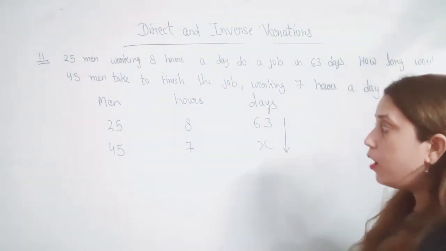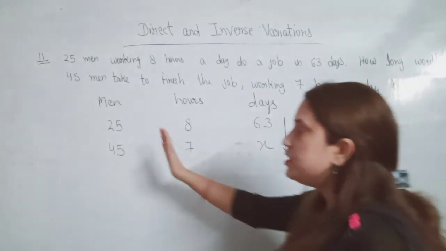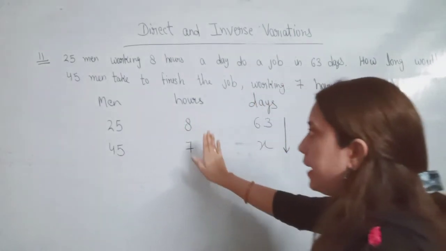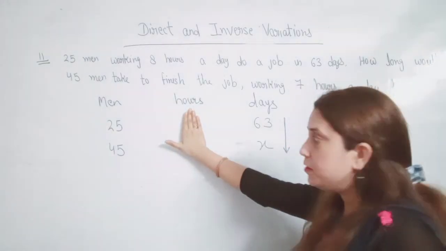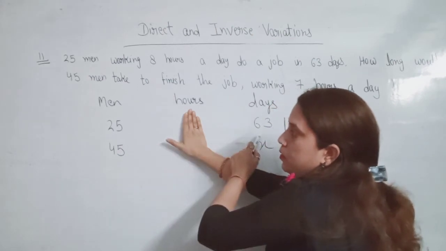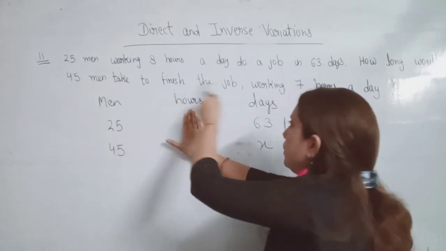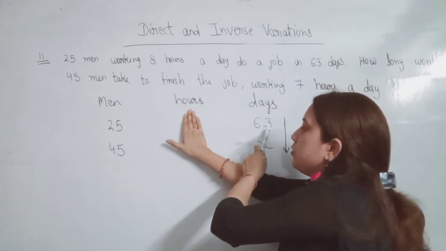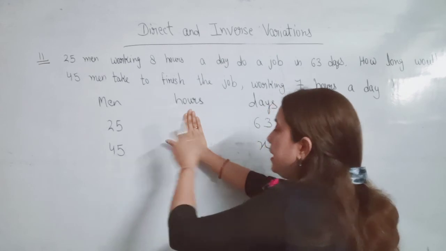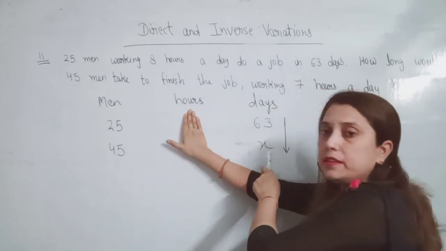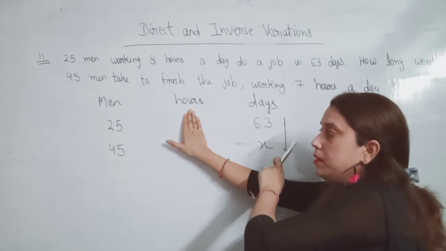Okay, now how do we check the other 2 variables? First we check for men. At that time we will hide the hours. Now we check these two quantities. 25 men can complete a job in 63 days. If we increase the number of men, then the work will be done early, so fewer days will be needed.